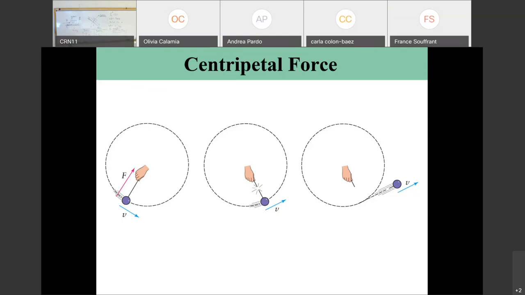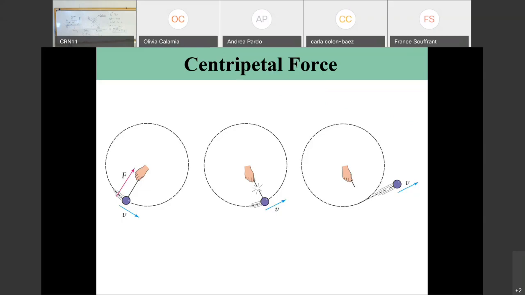Unless, of course, as you see there, the string breaks and then the object leaves with constant speed. Well, it will end up losing speed because of gravity and air resistance. But the implication is that a change of direction does give you an acceleration, a centripetal acceleration, which hence gives you a centripetal force.